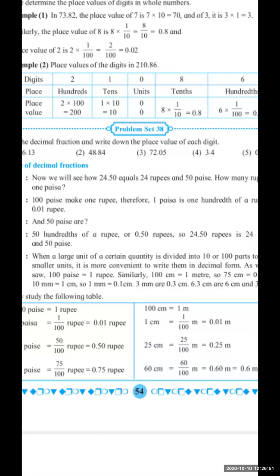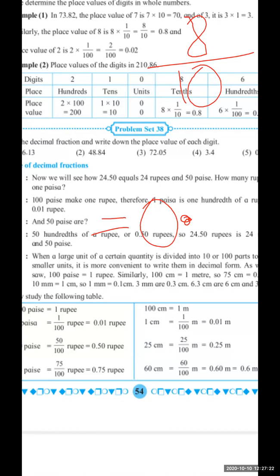Correct? Now 8 is on the 10th place because it is coming after the decimal point. So you will multiply this 8 by 1 upon 10. So 8 into 1 upon 10. So what will come? 8 ones are 8 और denominator में क्या रहेगा 10. Correct? Now answer, whole number is not there, so you will put 0, put the decimal point.